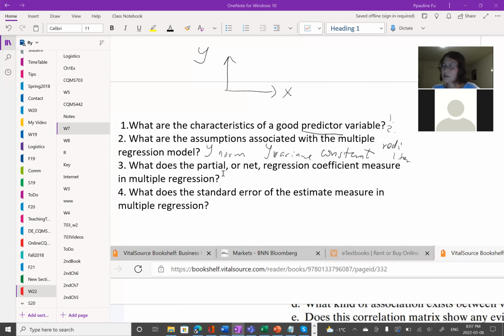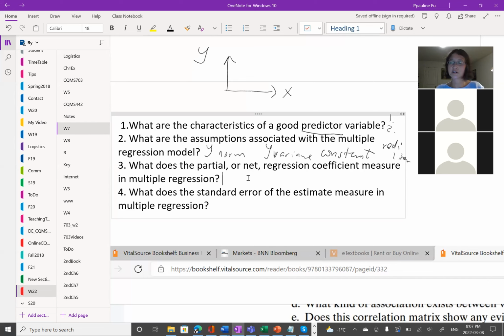Sorry, Professor, could you please repeat that? Okay, so the partial coefficient is the coefficient between one independent variable and y, holding other independent variables constant.